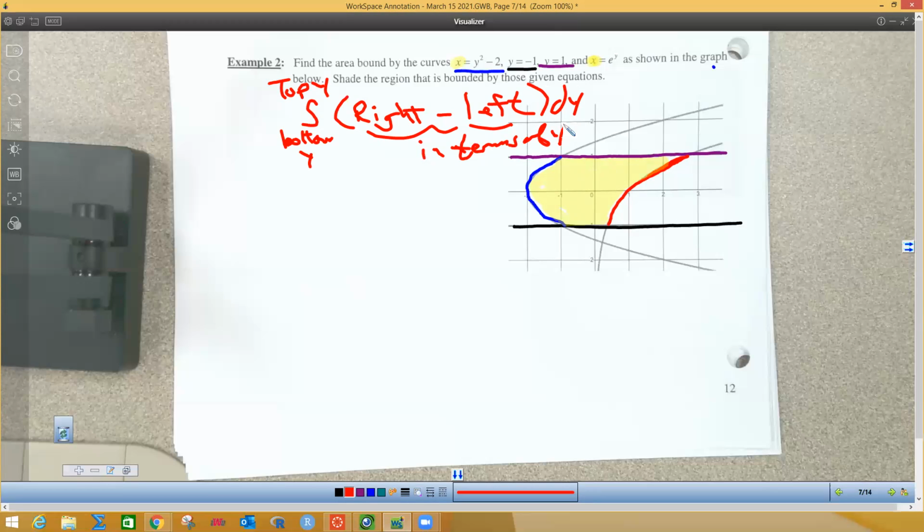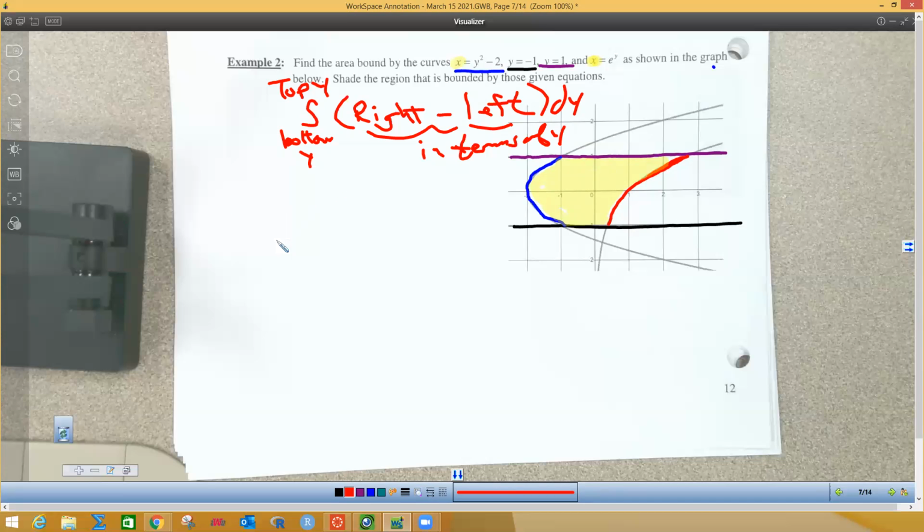So if you look, the red's on the right the whole time. You see how that simplifies doing the right minus the left? The red is minus the blue the whole time. So that makes it easier, because you're only going to have one integral instead of breaking it up into 3. So that's why you didn't want to do a dx on this one.